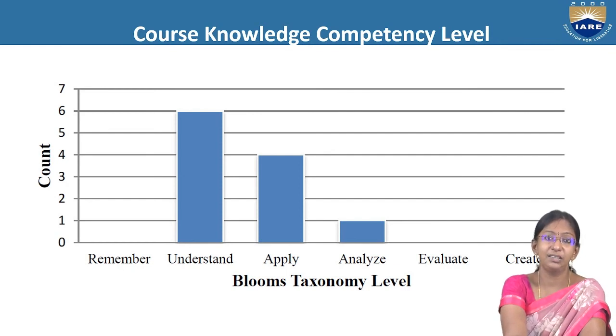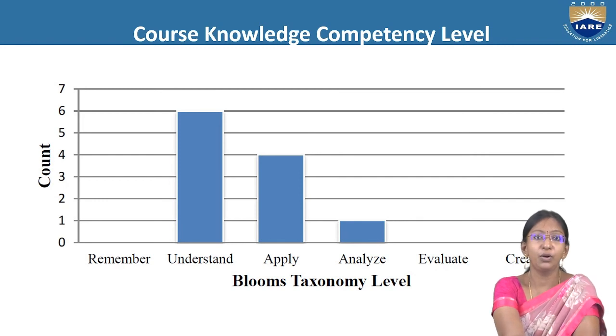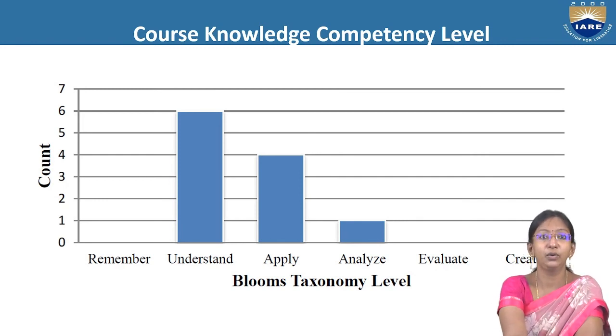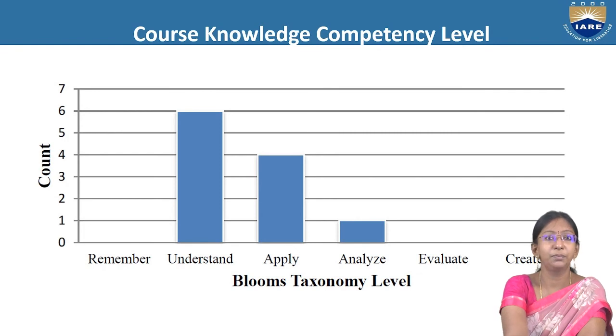And the next one is apply. So whatever you understand, you are going to apply, right? Stacks, apply them for evaluation. Queues, apply them for one purpose or another. Trees, apply them to sort the data, that is, heap sort is based upon trees.